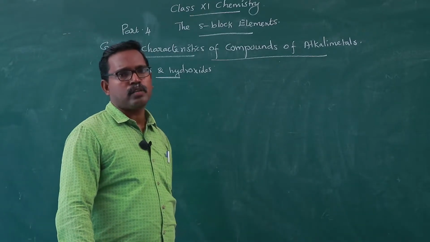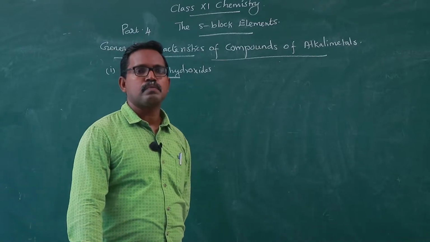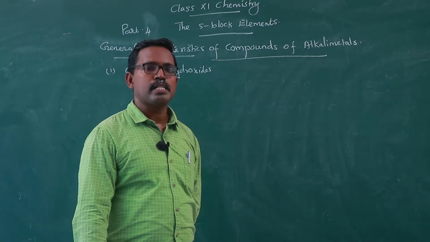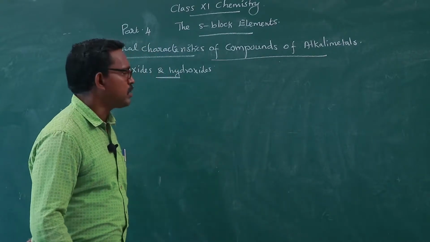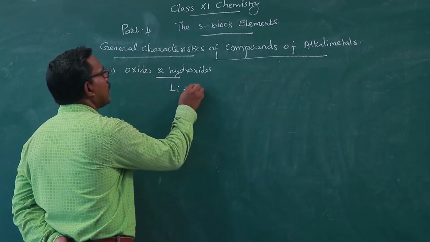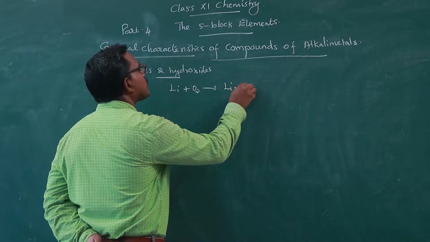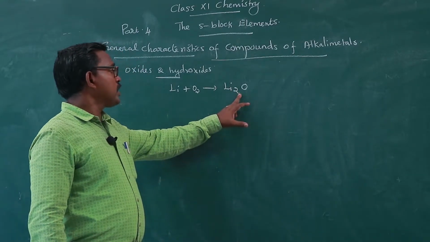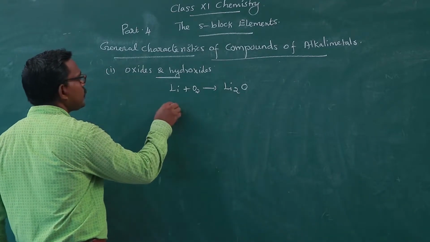Oxides and hydroxides. I already told you the alkali metals burn in air to form oxides, peroxides and superoxides. In the case of lithium, lithium readily burns with oxygen to form lithium oxide. Upon this, it gives some quantity of peroxide also.